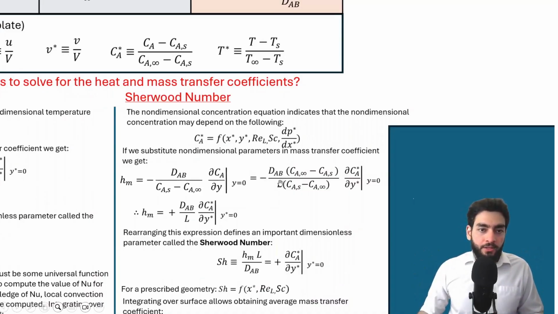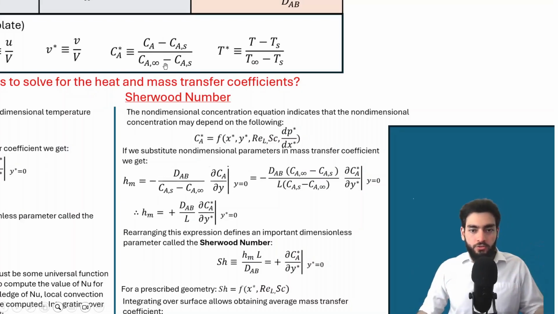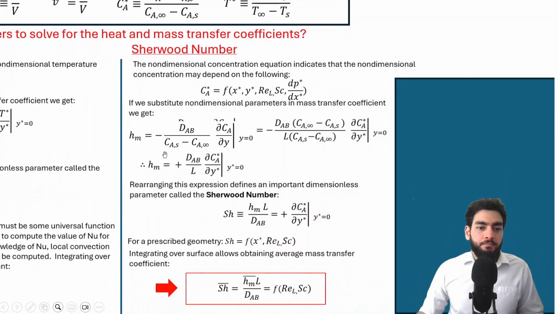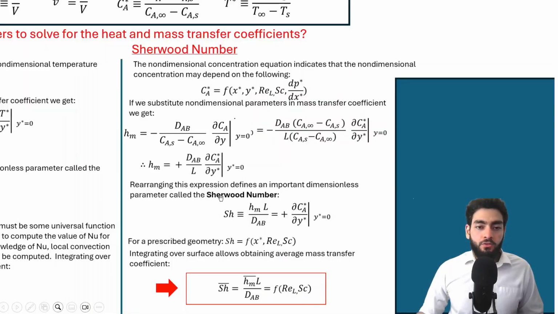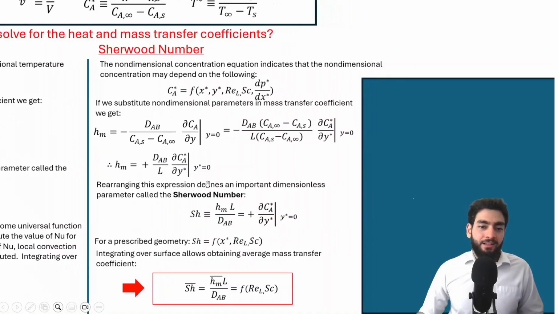If we non-dimensionalize that by substituting this non-dimensional equation that we've also used to be consistent, then we get the convective mass transfer coefficient equal to the diffusion coefficient divided by the characteristic length, all multiplied by the gradient of the non-dimensional concentration with respect to the vertical axis, evaluated at the surface.